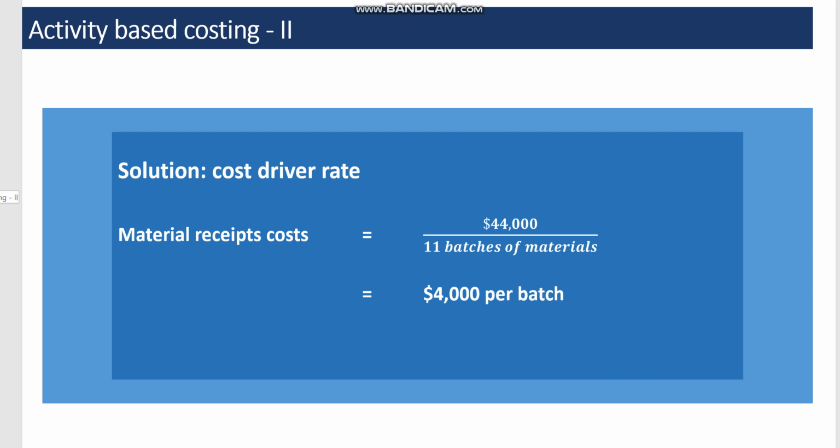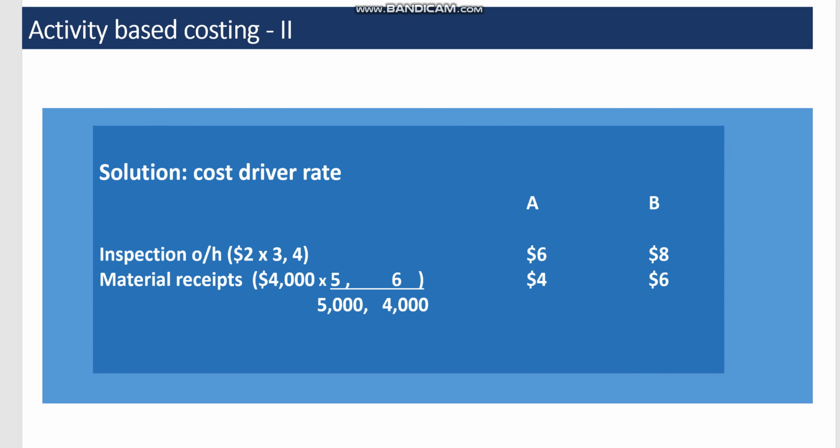What we are going to do is take this rate of 4,000 times the batches of each product divided by the number of units. So 4,000 times 5 batches for A over 5,000 units gives us $4. And then 4,000 times 6 divided by 4,000 units gives us the per unit cost of the material receipt for product B.